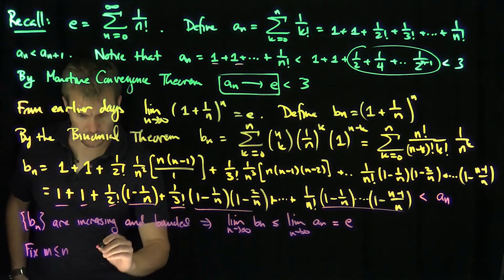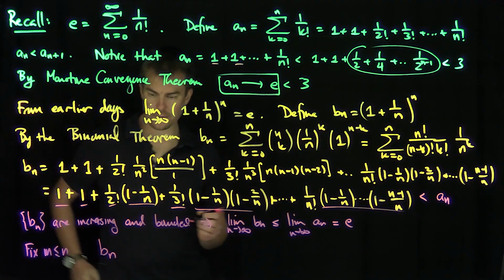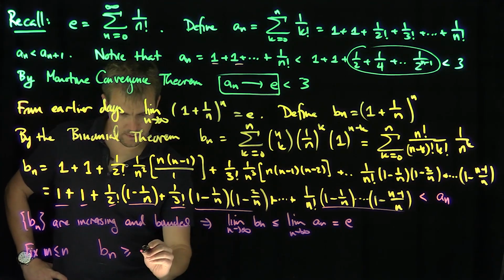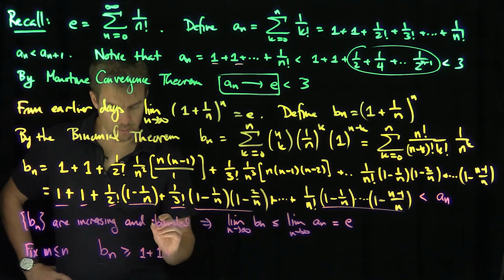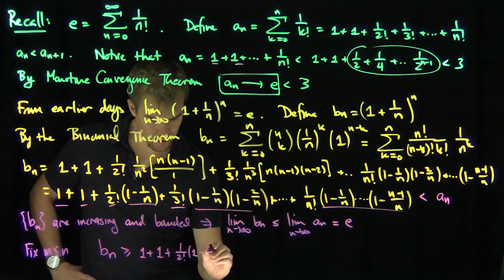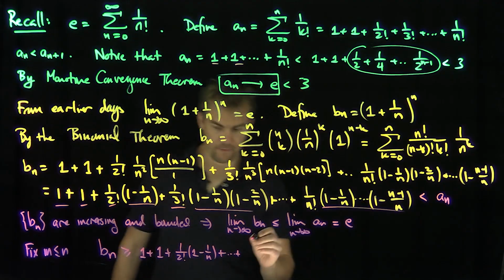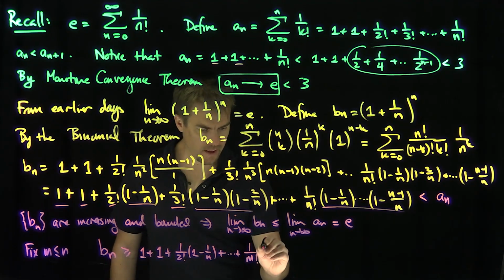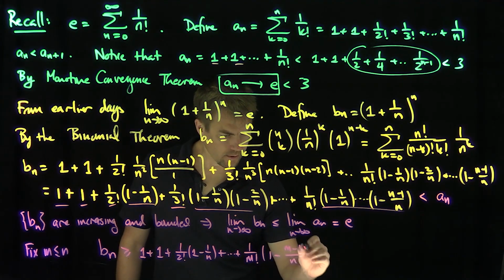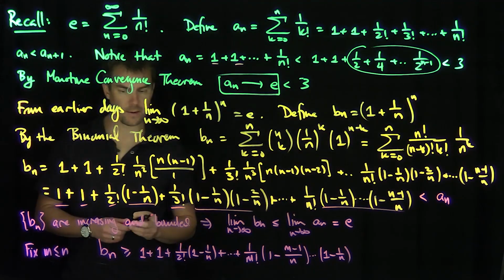We can say that bn is strictly bigger than 1 plus 1 plus 1 over 2 factorial, 1 minus 1 over n, and we do this all the way down to 1 over m factorial times 1 minus m minus 1 over n, times all the way down to the product 1 minus 1 over n, like that, okay?